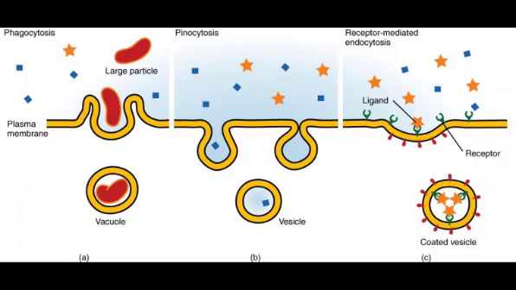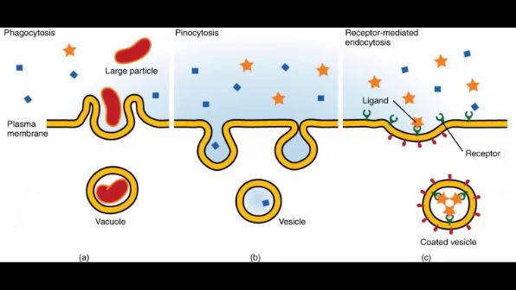In contrast to phagocytosis, pinocytosis, which means cell drinking, brings fluid containing dissolved substances into a cell through membrane vesicles. So in this picture are the three forms of endocytosis. Endocytosis is a form of active transport in which a cell envelops extracellular materials using its cell membrane. In figure A, in phagocytosis, which is relatively non-selective, the cell takes in a large particle.